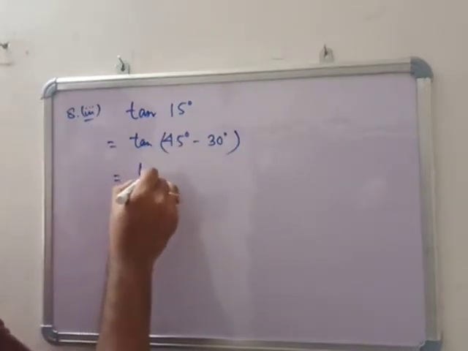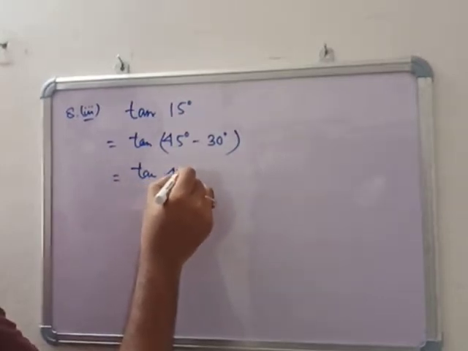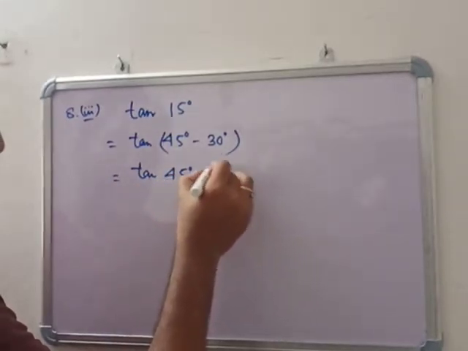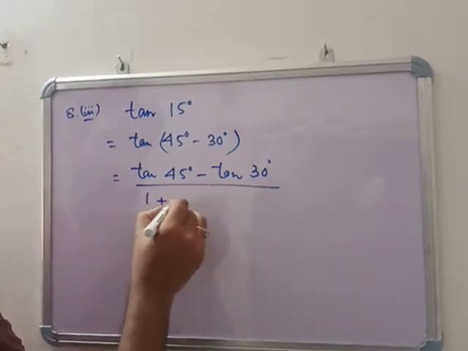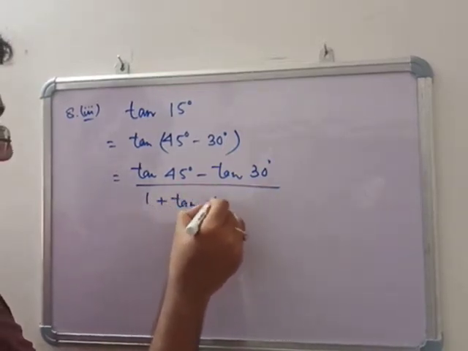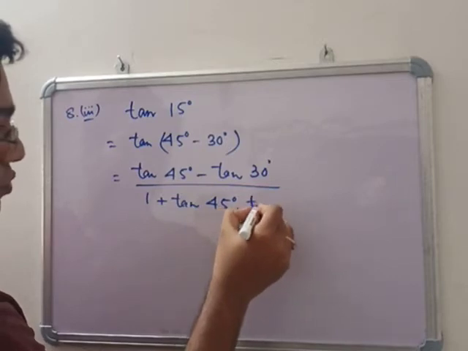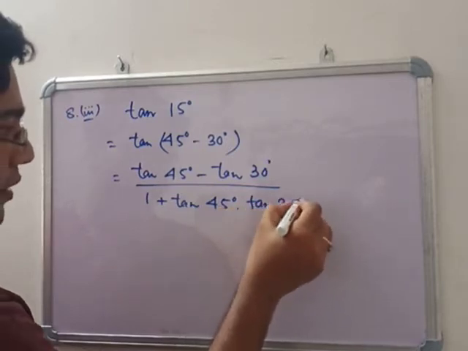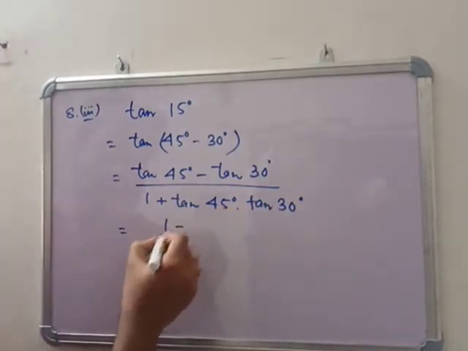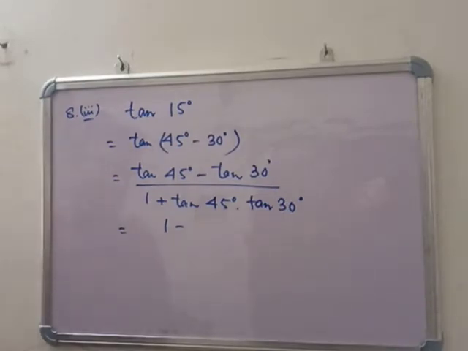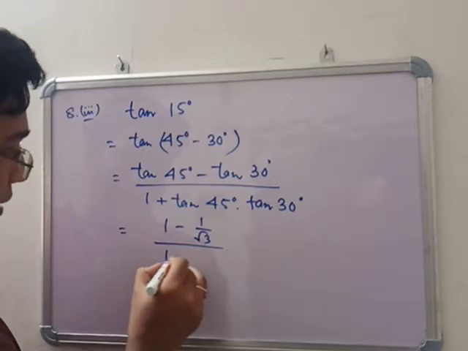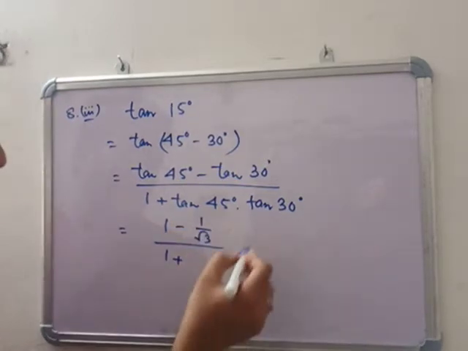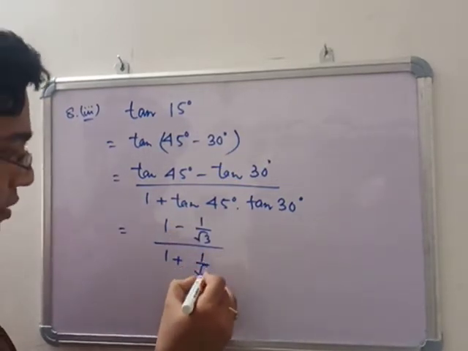We can write tan A minus tan B by 1 plus tan A into tan B. So that means 1 minus tan 30, which is 1 by root 3, by 1 plus tan 45 which is 1, into 1 by root 3.